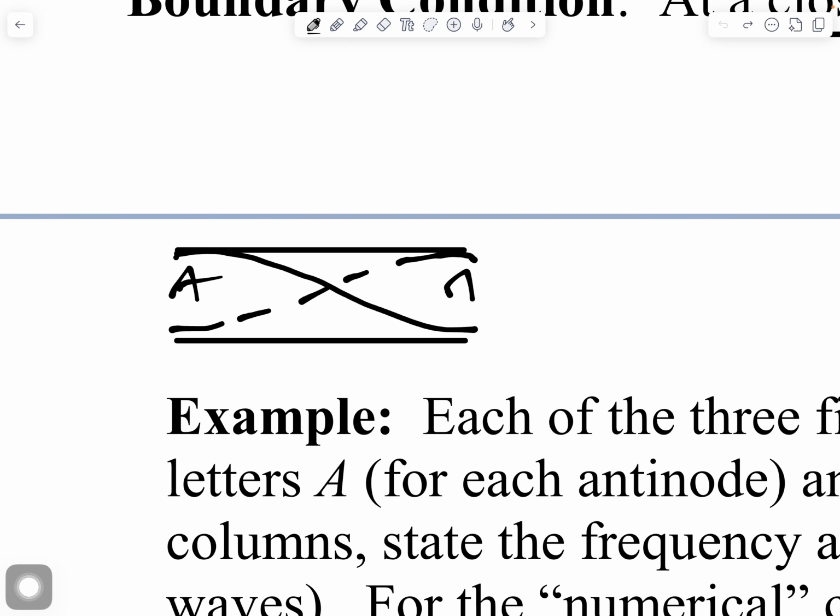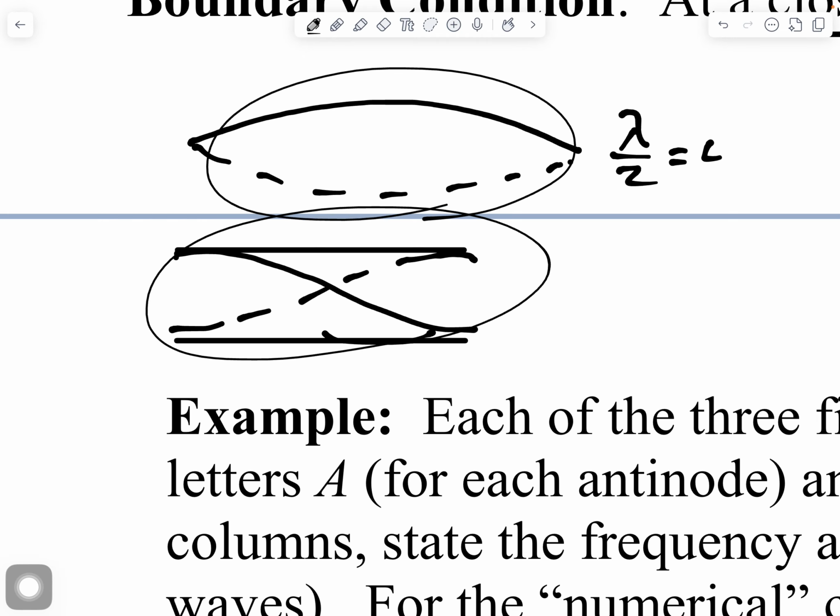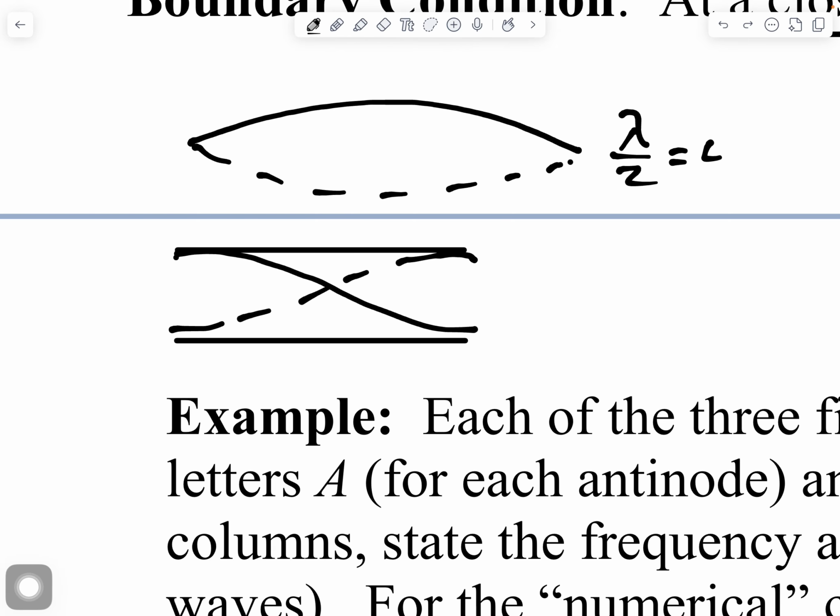But what are we actually looking at? If you remember from the fundamental string drawing, this was half a cycle, half a wavelength. So the length is half a wavelength. Okay, but notice something about this. This drawing is actually the same as this drawing. Okay, here's what I mean by that.